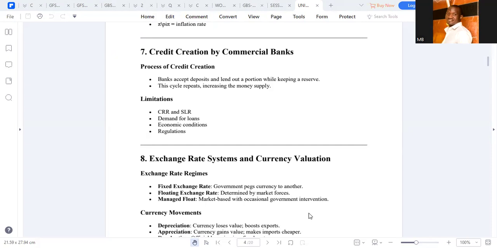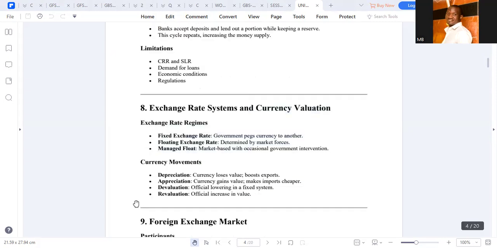So currency movements. What is involved in currency movements? We have depreciation, appreciation, devaluation, and revaluation. What do those terms mean? Depreciation is simply the fall in the value of a currency in the floating system. The effect is that it will boost exports and make them cheaper internationally. Sometimes depreciation is bad for other nations.